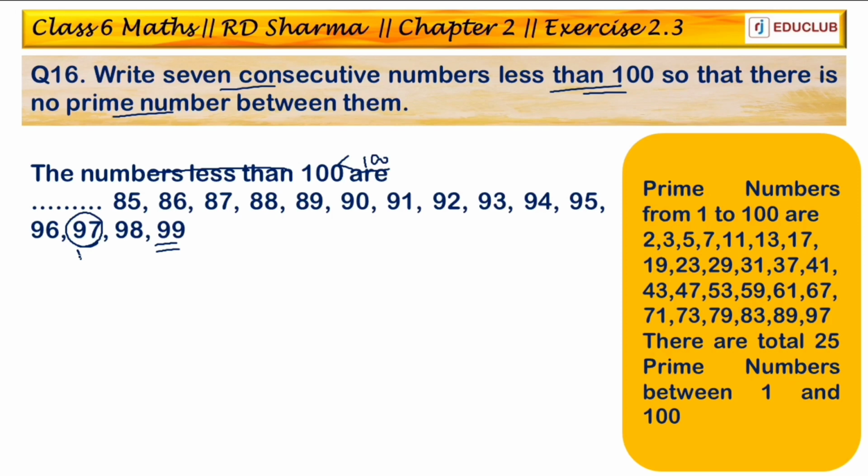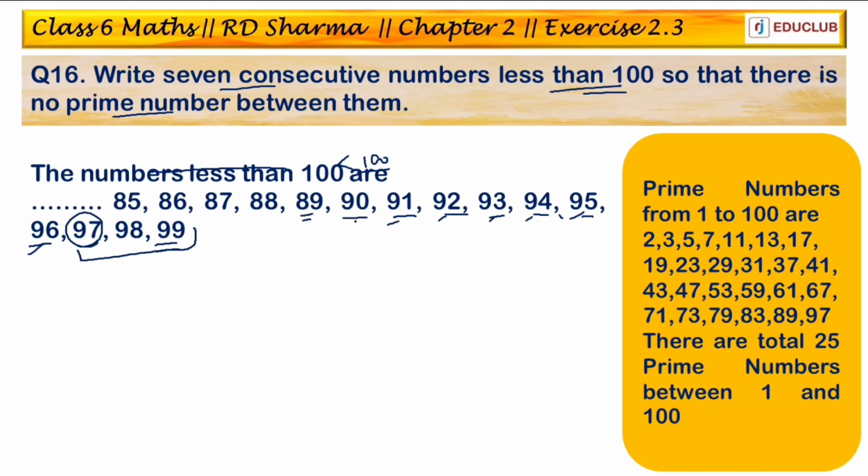Now we will go to the left. 96 is not prime. 95 is not prime. 94 is not prime. 93 is not prime. 92 is not prime. 91 is not prime. You have to find 7: 1, 2, 3, 4, 5, 6. 90 is also not a prime number. 89 is a prime number.